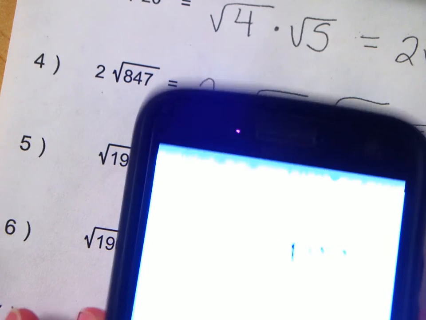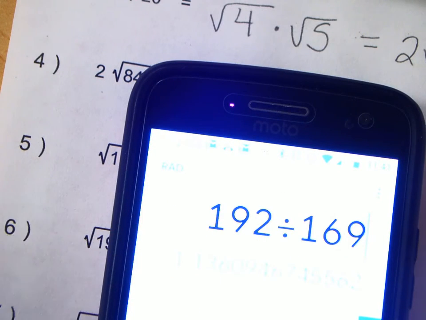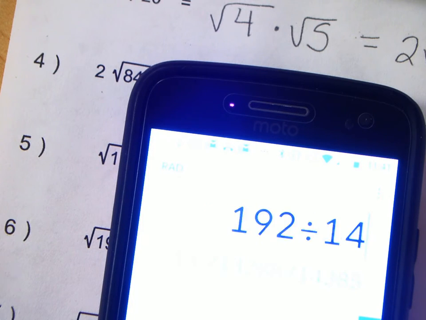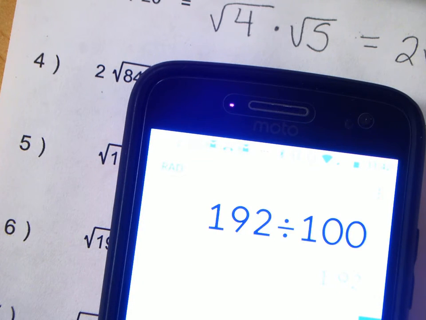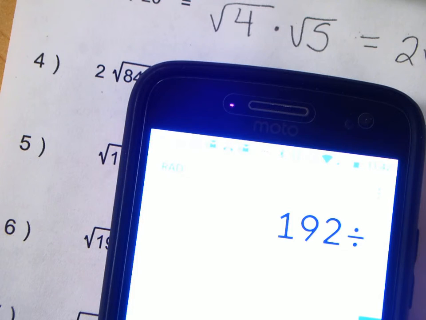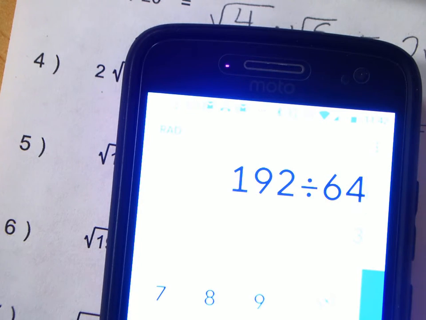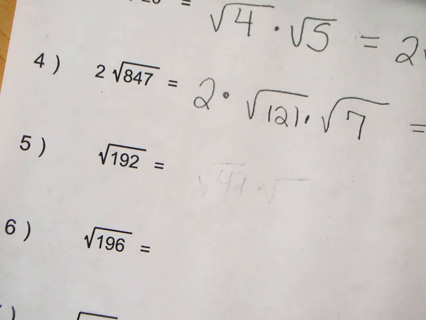Start at 169. 169 is a decimal. 144 is a decimal. 121 is a decimal. 100 is a decimal. 81 is a decimal. 64, so it's 64, and I know my calculator's hard to see, but 64 and 3.